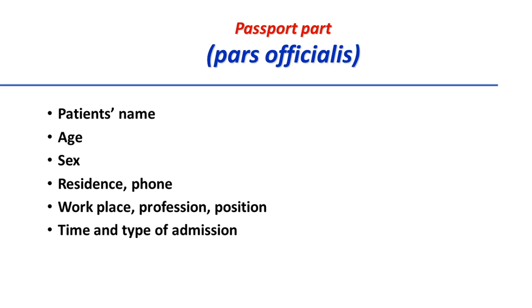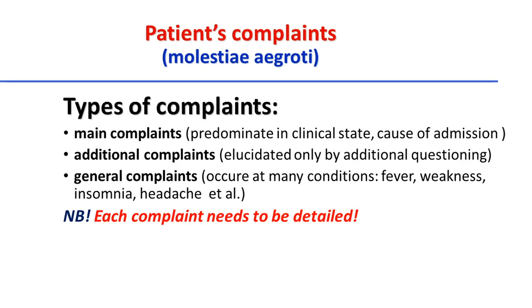My name is Harshita, for example, and then you start collecting the passport part of the patient. Passport part includes the patient's name, age, sex, residence, phone, workplace, profession, position, time, and type of admission. And then you go into the patient's complaints.